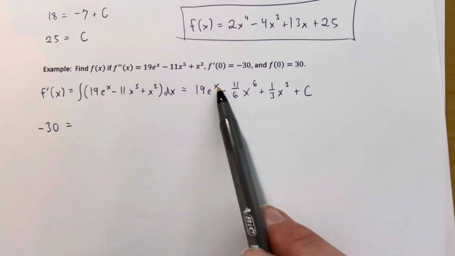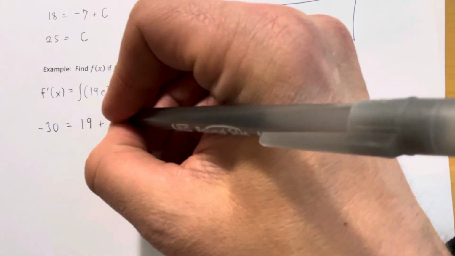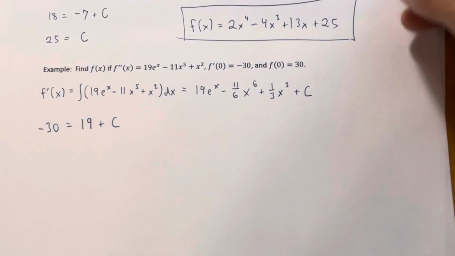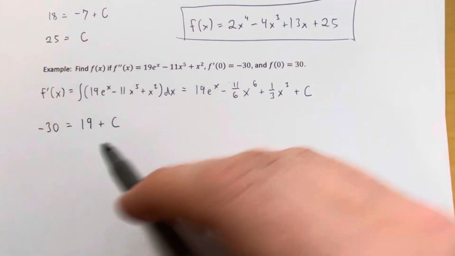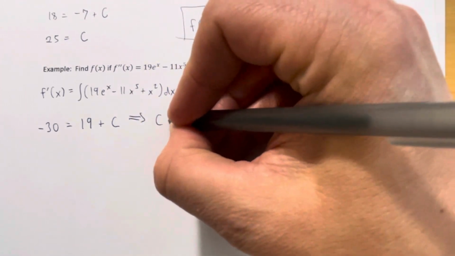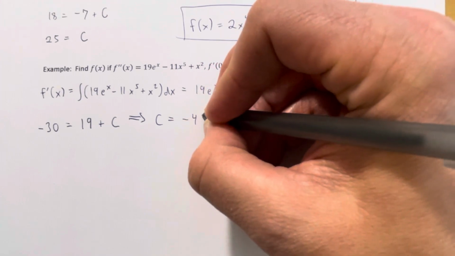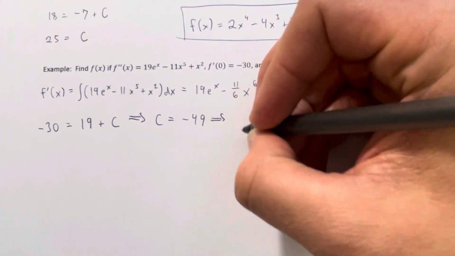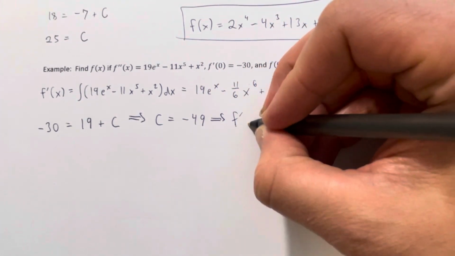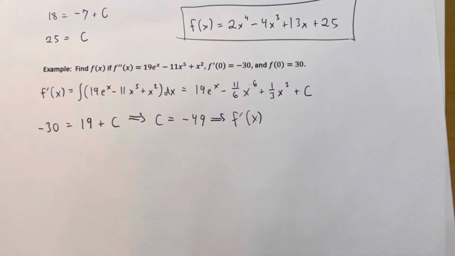Additionally, e to the power of 0 is 1, and multiplying that to 19 would give me 19. So this just turns into 19 plus c. Okay, solving for c, I could subtract 19 from both sides, which tells me that c is equal to negative 49, from which I can go back to f prime of x and replace that c with this negative 49.